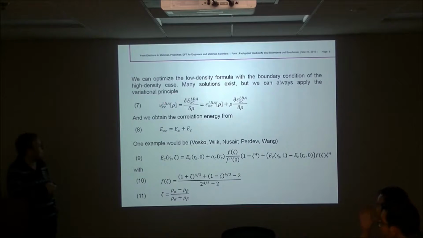One thing we can always do is to apply the variational principle. If we would know our exact exchange and correlation energy, we can vary with respect to density, and we can obtain this. Some kind of offset and some kind of derivatives.